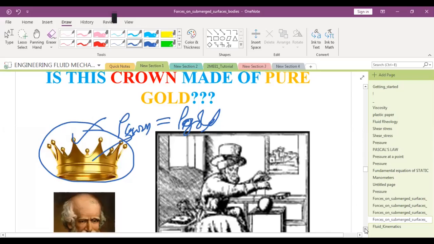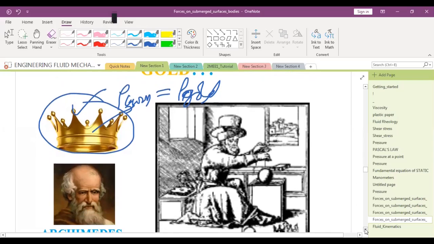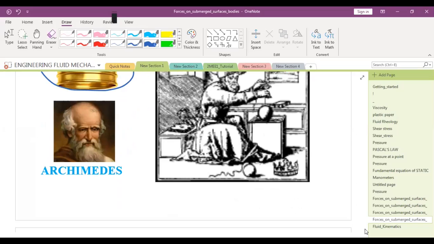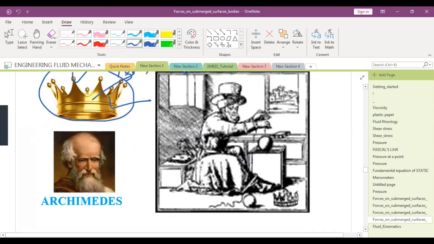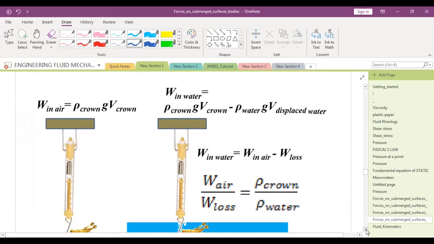So to do that, he devised the Archimedes principle, that is, the weight of this crown is balanced by the weight of the liquid displaced.